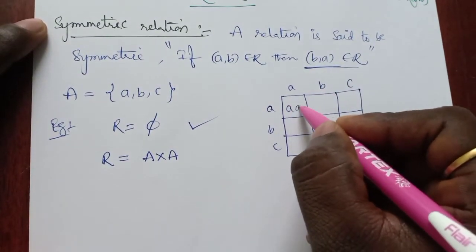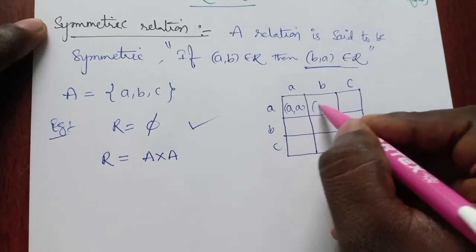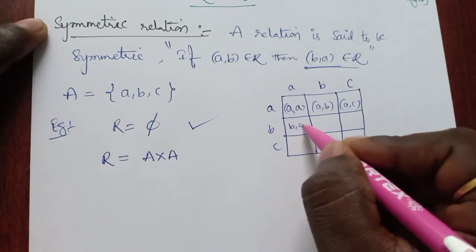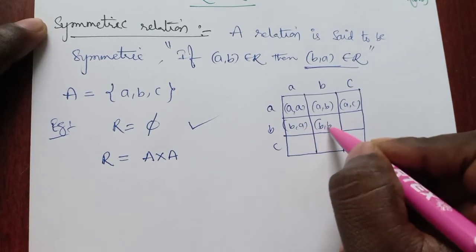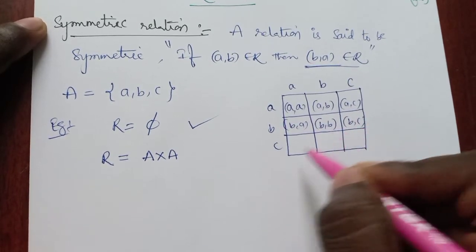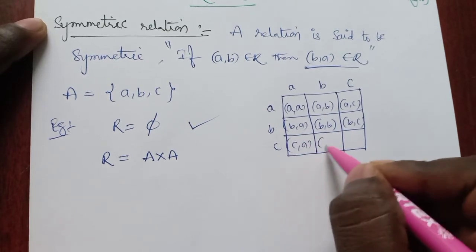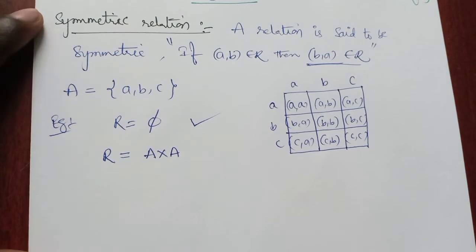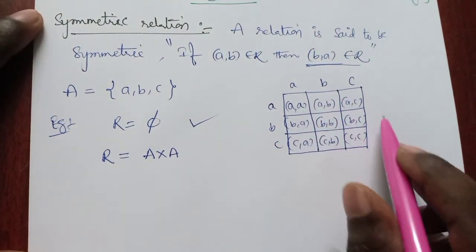Now it is (a, a), (a, b), (a, c), (b, a), (b, b), and (b, c), (c, a), (c, b), and finally (c, c). Now see, A cross A contains all these elements.